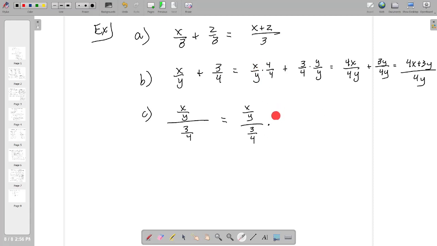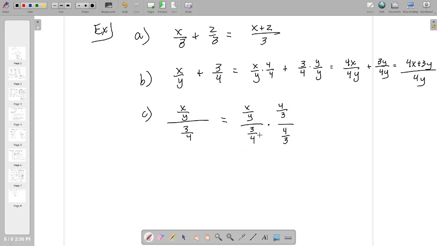Okay, so we're going to do something similar here. We're going to multiply by a clever form of 1, namely the divisor inverted. 4 divided by 3, 4 divided by 3. So notice that 4 divided by 3 divided by 4 divided by 3 is 1. So I'm taking this huge fraction here and multiplying it by 1, thus not changing the value of the problem.